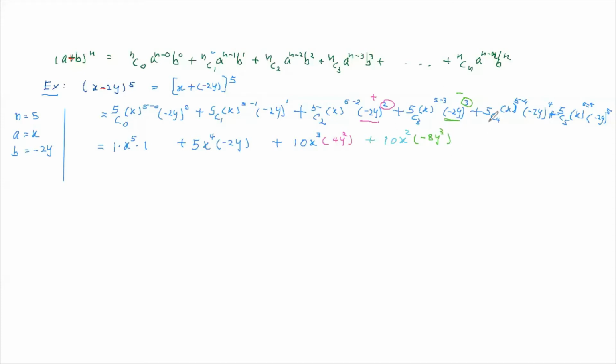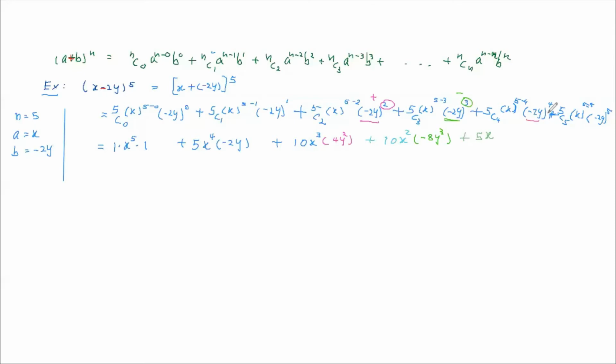Okay, so then go to the next term, plus 5C4. You can use a calculator. 5C4 equals 5. So you have 5 here. And then x power 5 minus 4 becomes x. And this one again, take a look.